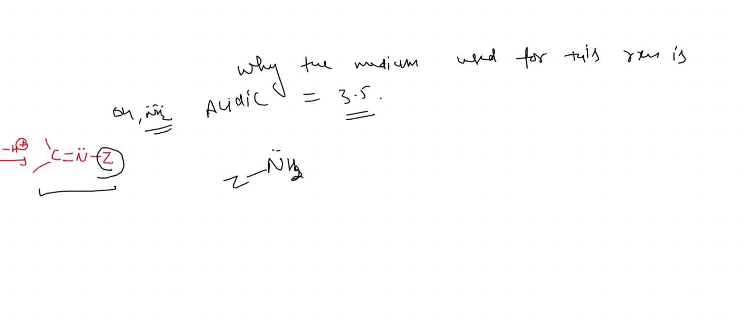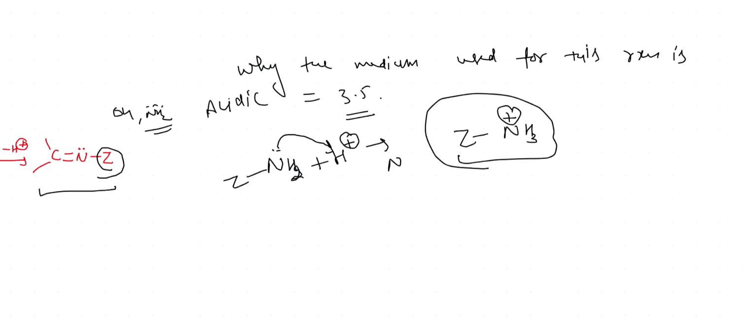When the medium is too acidic, this NH2 gets protonated and it forms its quaternary salt. So this is the salt form. Now, due to absence of a lone pair on this nitrogen atom, these ammonium salts will no longer act as nucleophile. When these do not act as nucleophile, there will be no reaction. The reaction will not occur.